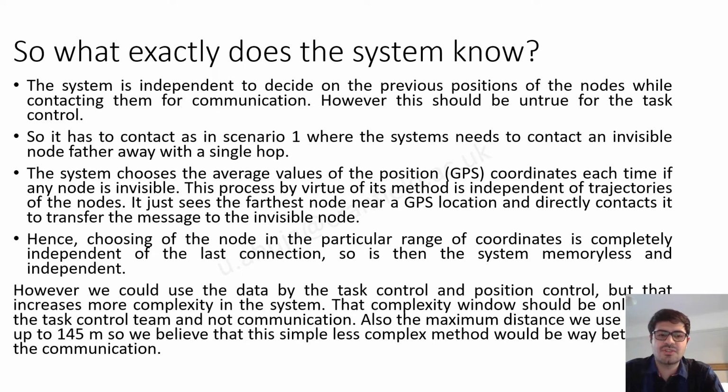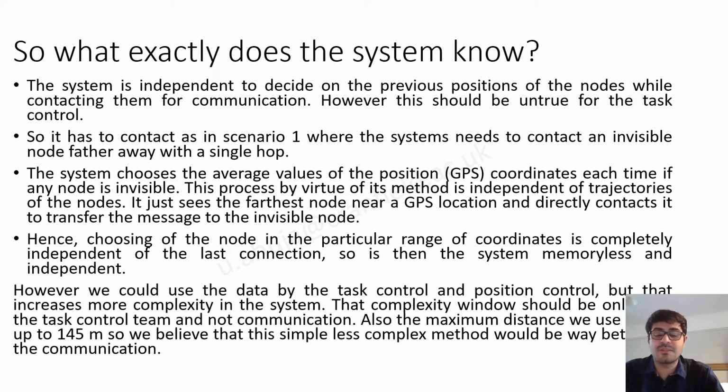However, you could choose the data by task control or position control, but that increases the complexity of the system. That complexity should only be for the task control team and not communication. Also, the maximum distance we use is up to 145 meters. So we believe that this simple, less complex method would be far better for communication.